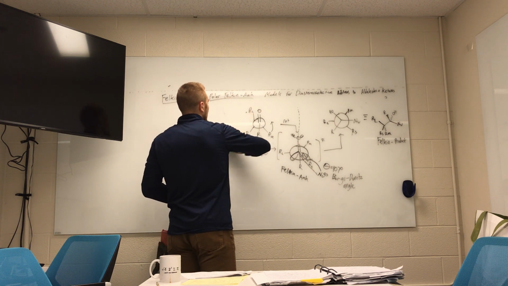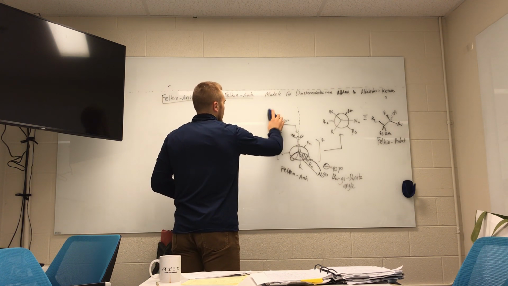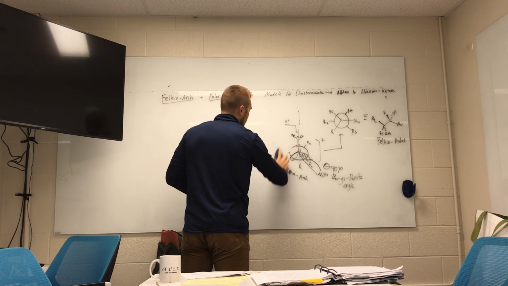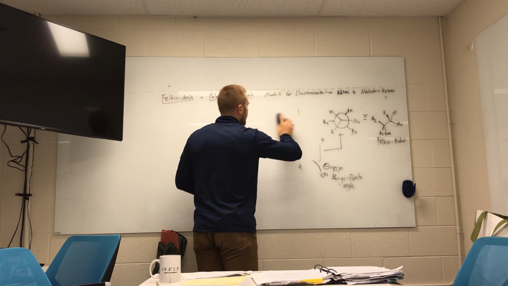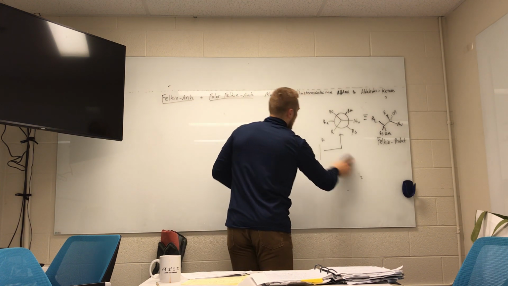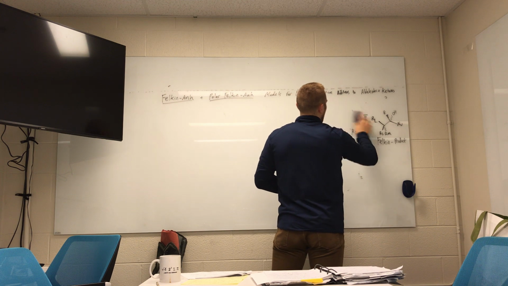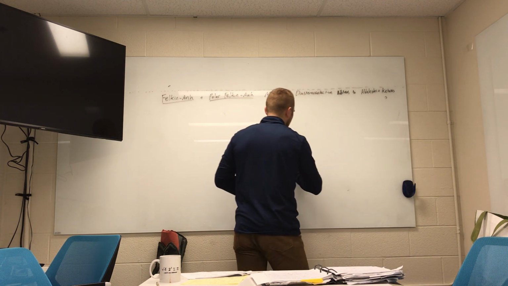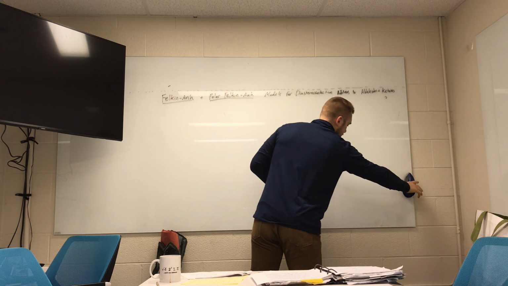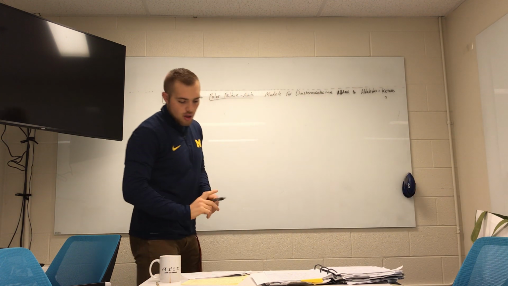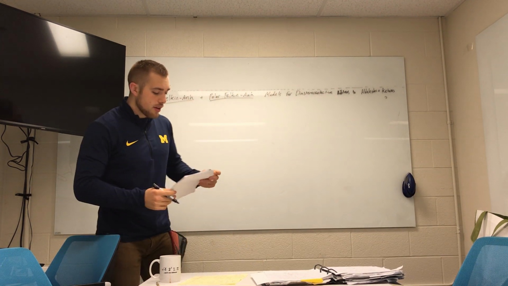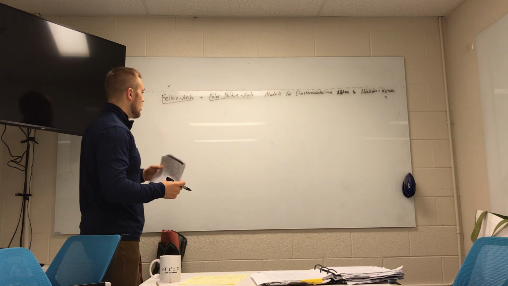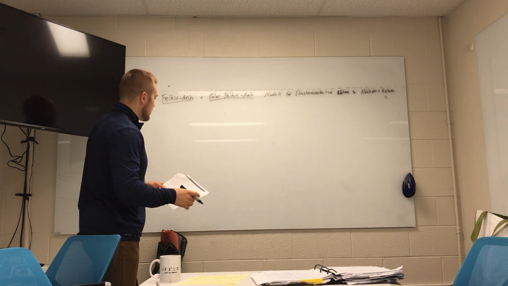And that transition state structure is going to always give you the Felkin-Anh predicted product, which for most of the examples we'll be looking at will be a good model to explain the observed diastereoselectivity. We'll talk about the polar Felkin-Anh model in a few minutes.